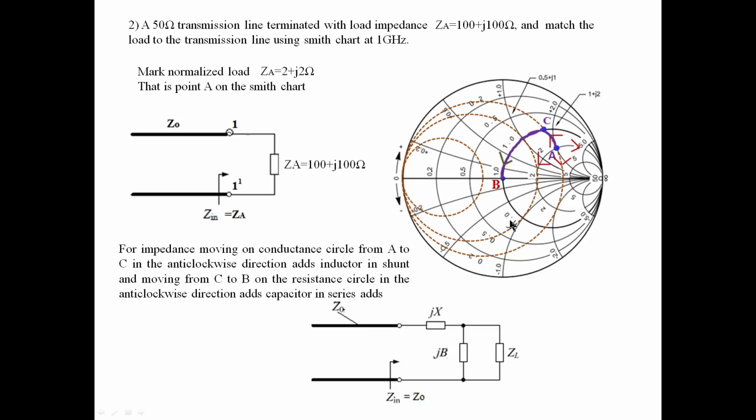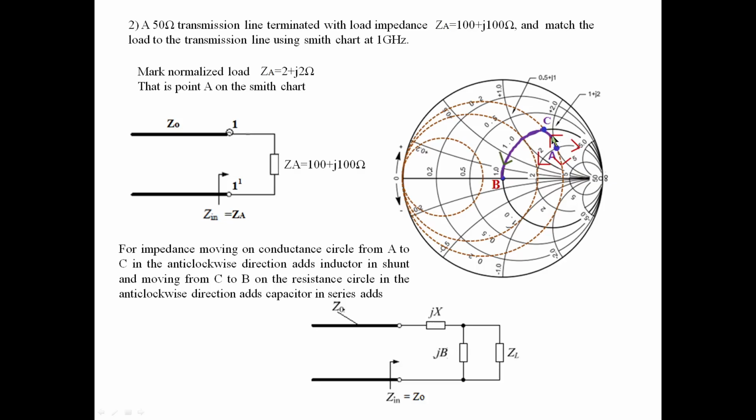This is the R is equal to 1 circle. So I stood here, and I did not move like this, because the R is equal to 1 circle we cannot reach that way. If you move like this, we do not reach this circle. So what we can do, from here move in the anti-clockwise direction, and we will intersect the R is equal to 1 circle.